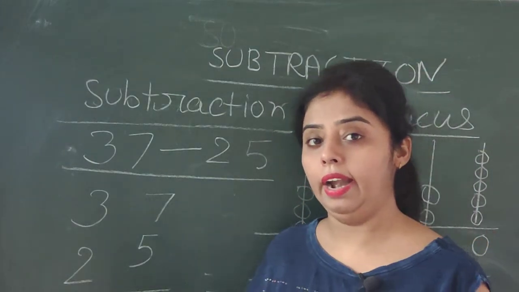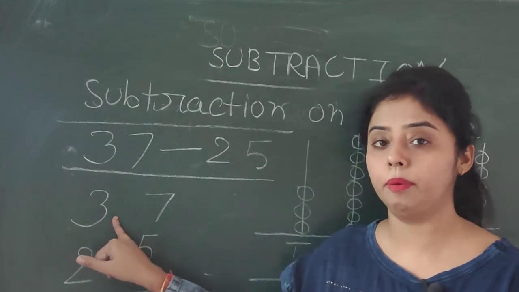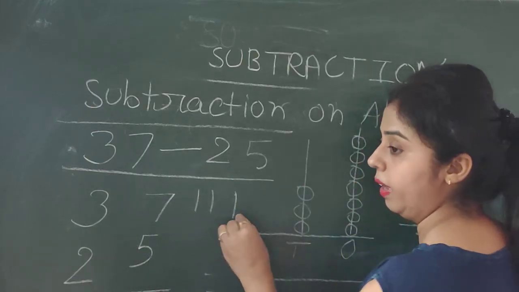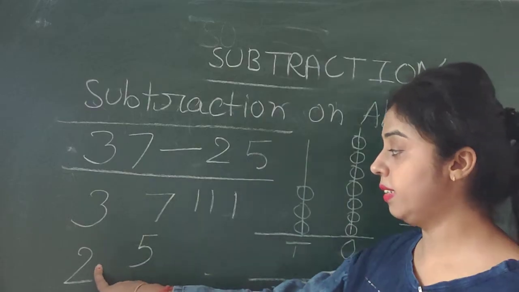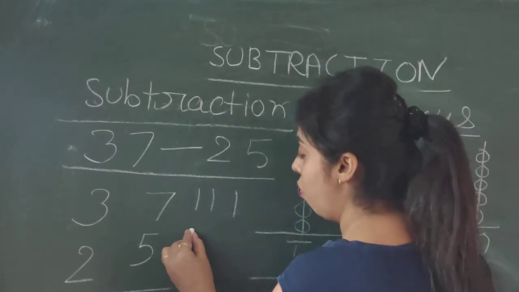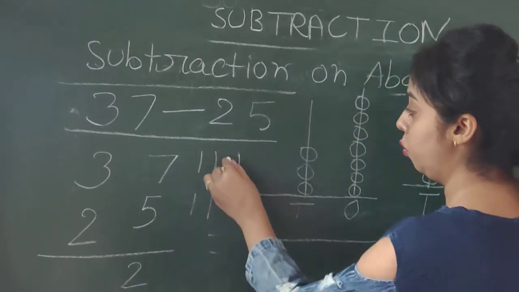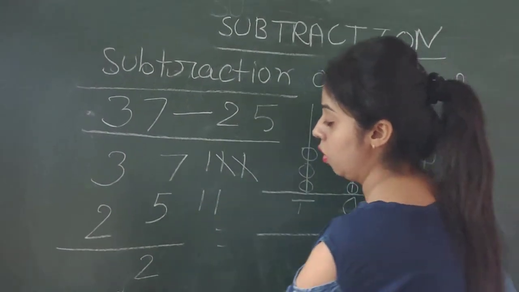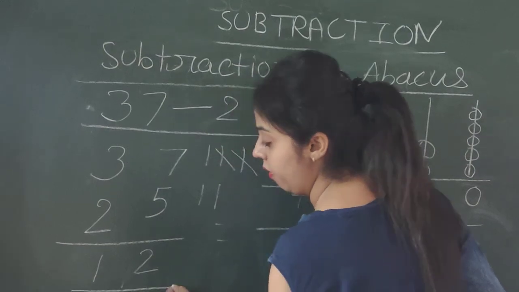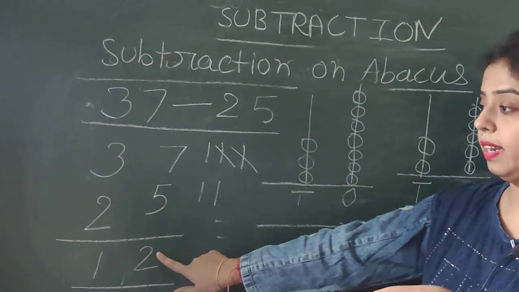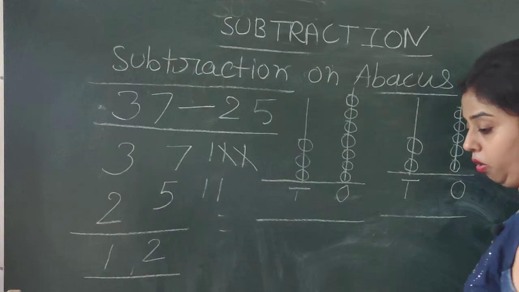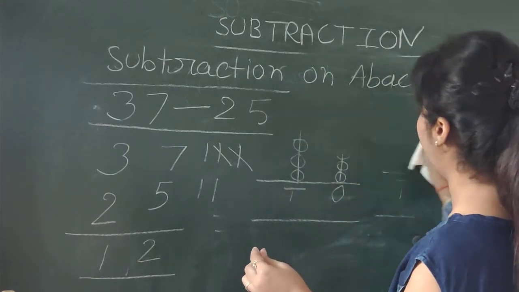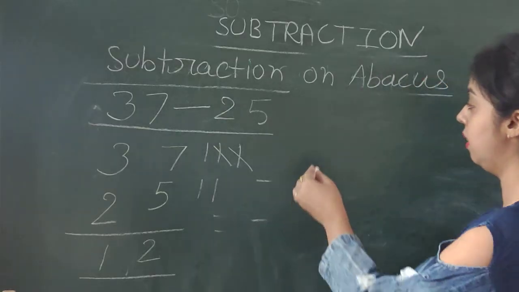Okay, and the next digit is 3. Subtract the 2. So count the number 1, 2 and 3. Next digit is 2. 1 and 2. So cut the 2 numbers, 1 and 2. How will we write? 1. So the answer is 12. Diagram now. 12 is the right answer.